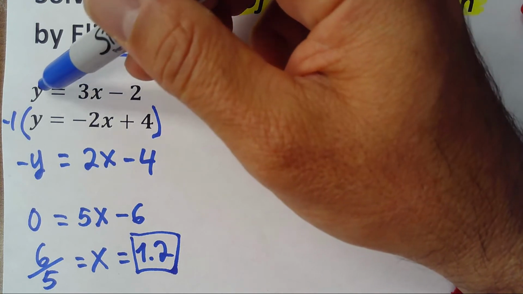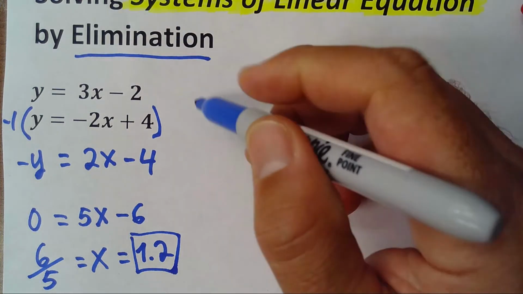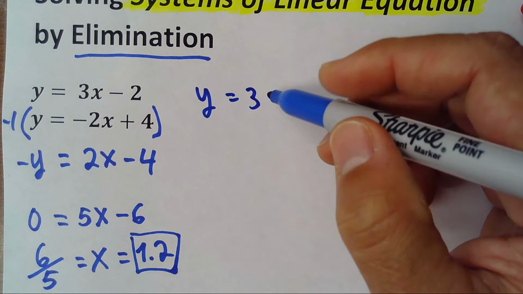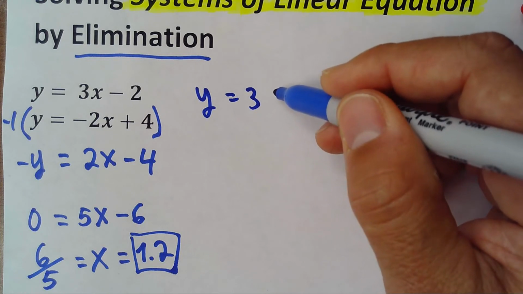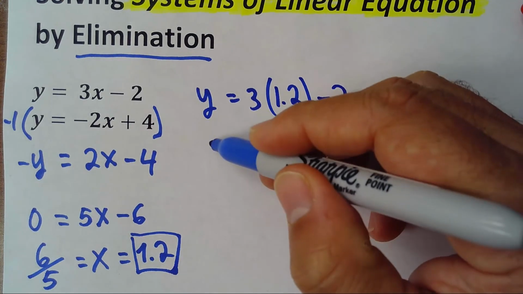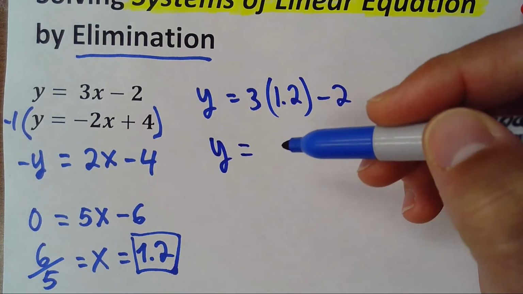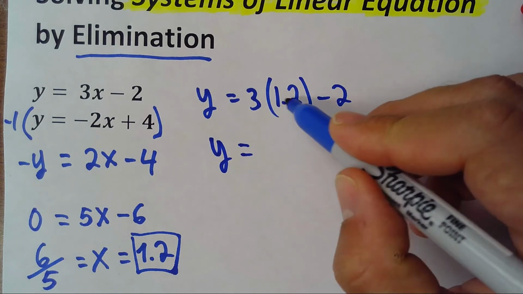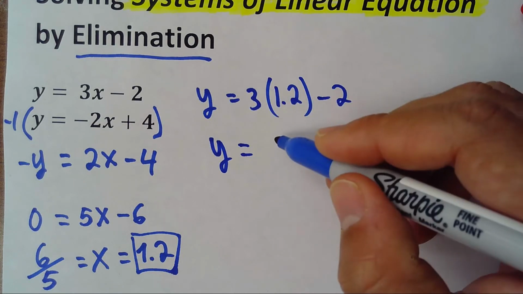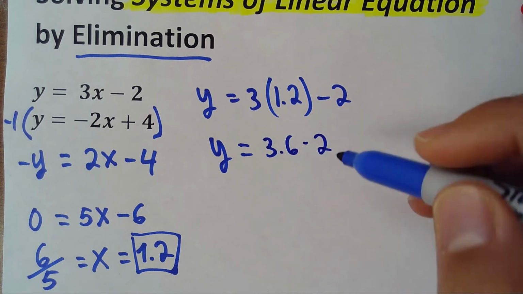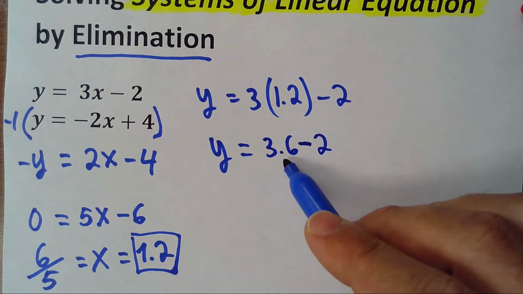So y is equal to 3 times x, we can do 6 over 5 or 1.2, minus 2. So y is equal to 3 times 1.2, which is 3.6, and 3.6 minus 2 is 1.6.